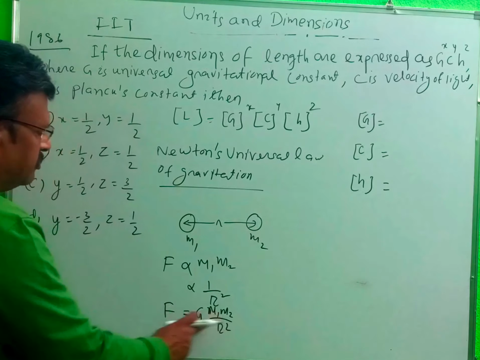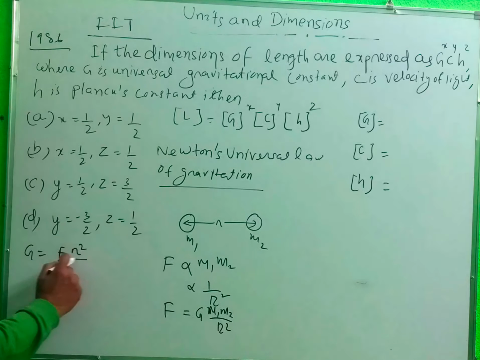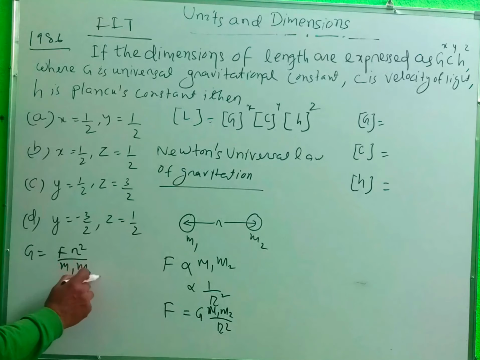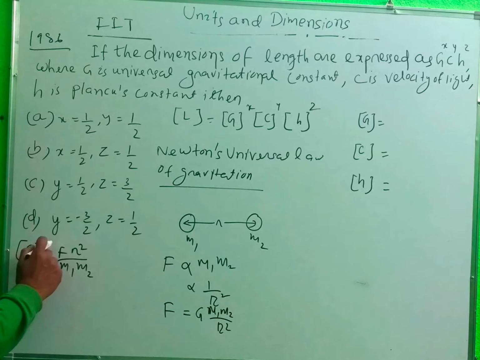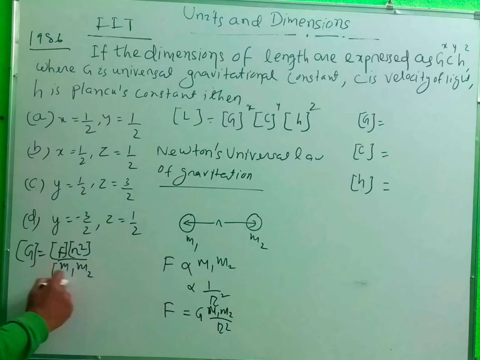Okay, then from this equation we can find the value of G, that is G is equal to F r square by m1 m2. So the dimensions of G will be dimensions of F into dimensions of r square divided by dimensions of m1 and m2. What is the dimensional formula for force, student?